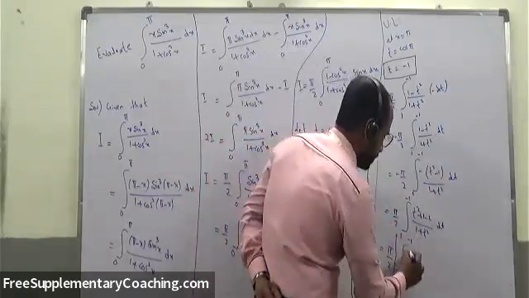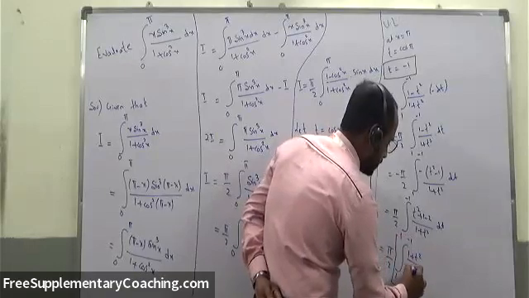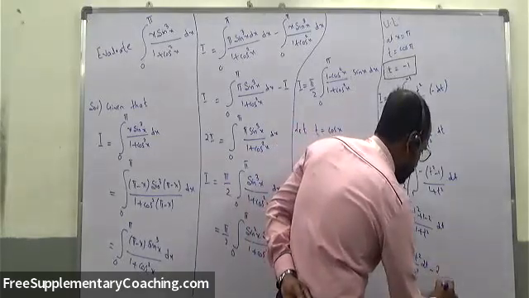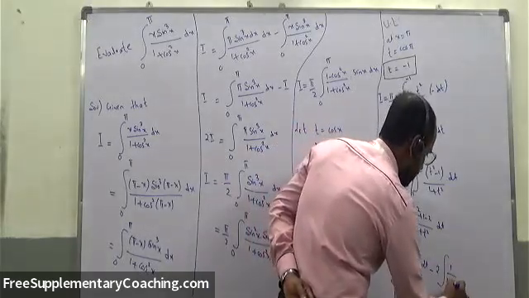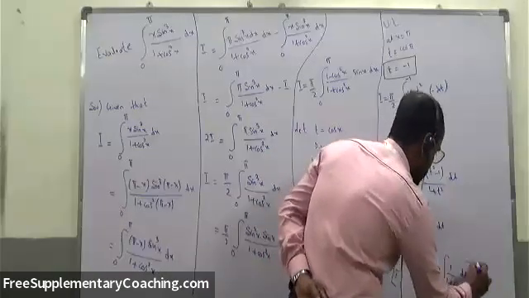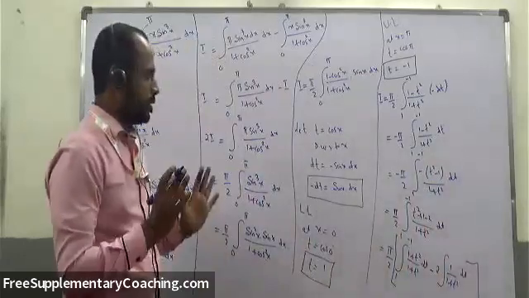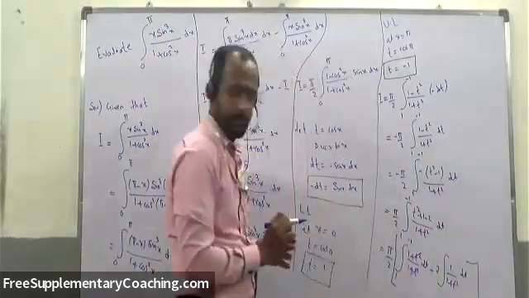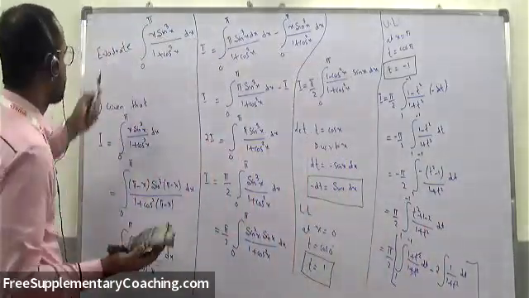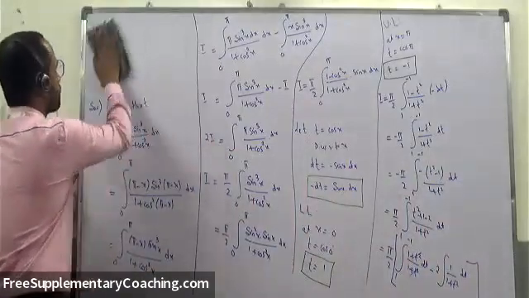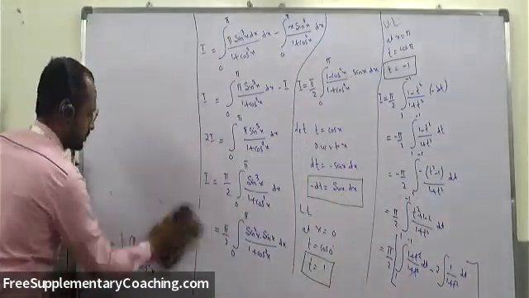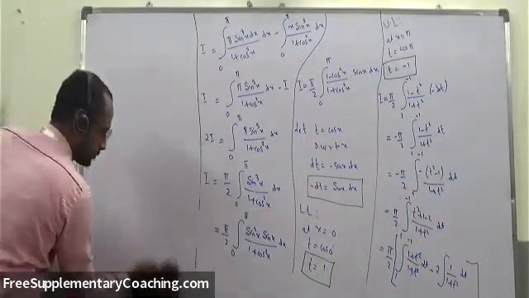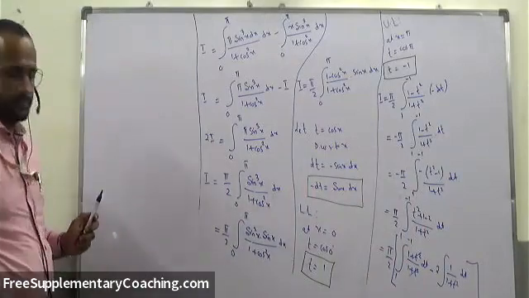Integration of 1 to minus 1, 1 plus t square by 1 plus t square into dt, minus 2 take it out, 1 by 1 plus t square into dt. Close the bracket. So now this gets cancelled.